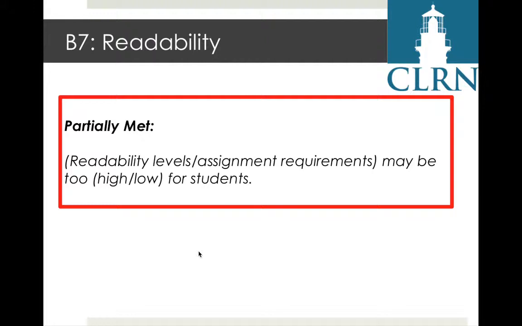While the majority of courses fully meet this standard, we've encountered a variety that are written either too high or too low for students. It's possible that we'll find either that the readability levels or assignment requirements are too difficult or too easy. Because of this, feel free to modify this partially met comment.